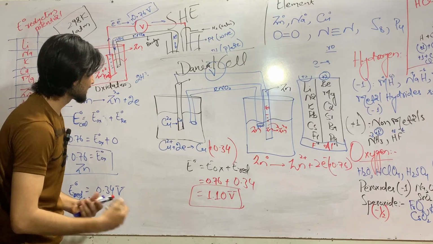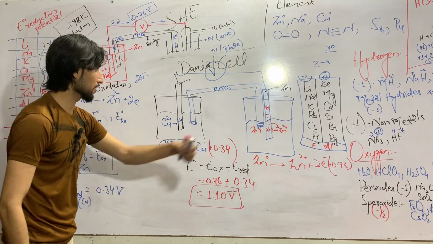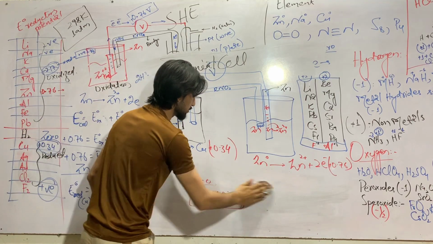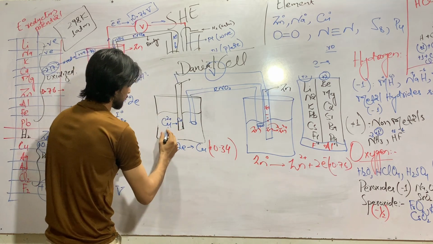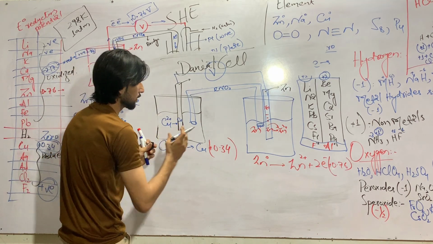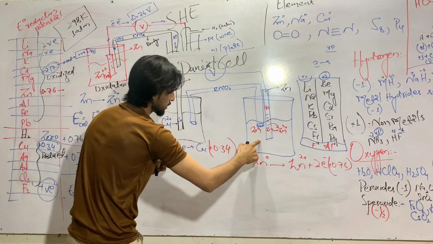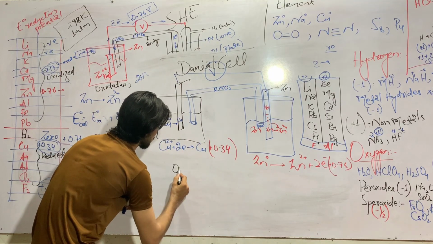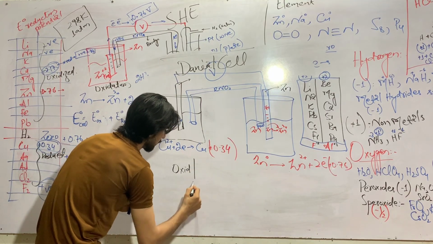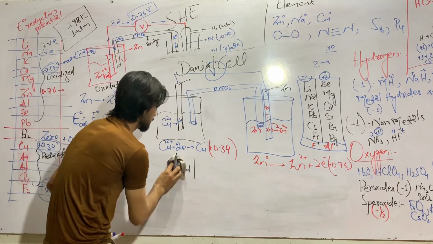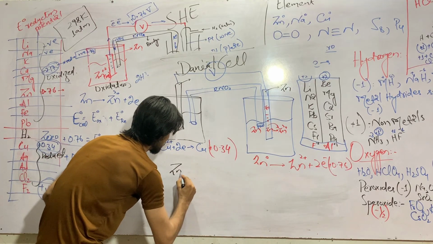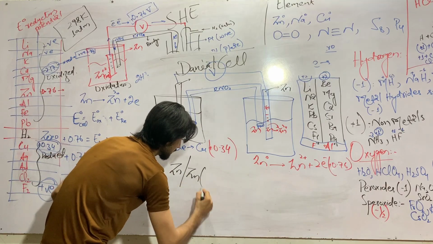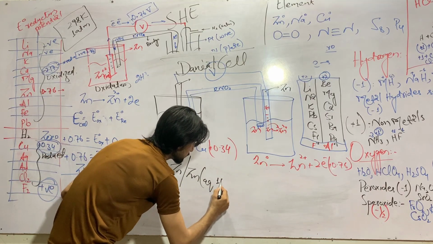Then what is the cell notation for this reaction? First of all, we must write the oxidation half of the cell. Here what happens is zinc converts into Zn plus 2 in an aqueous medium of 1 molar solution.